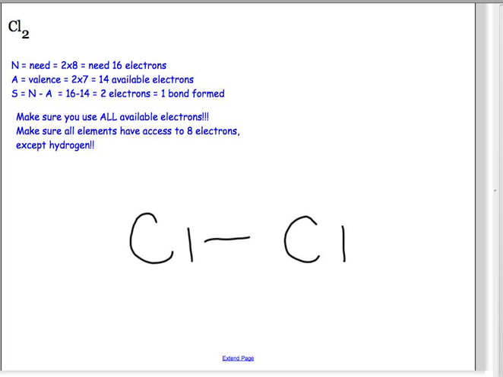Each chlorine has access to these 2 already, so now we need to draw 6 more for this chlorine. 1, 2, 3, 4, 5, and 6. We just draw those as dots because they're not bonded. So we have 1, 2, 3, 4, 5, 6 plus the 2 in the middle. He has 8, and then we're going to do the same thing for the other guy.